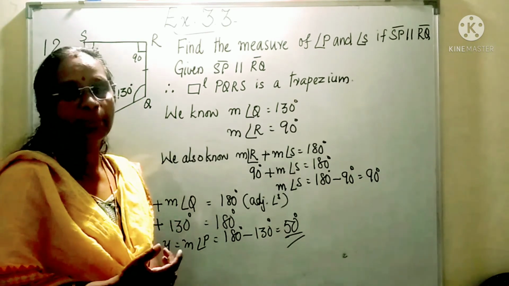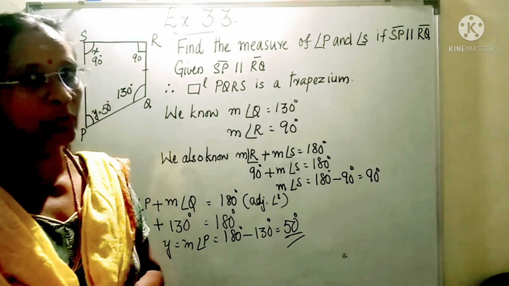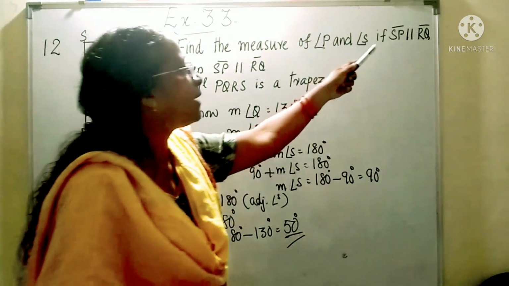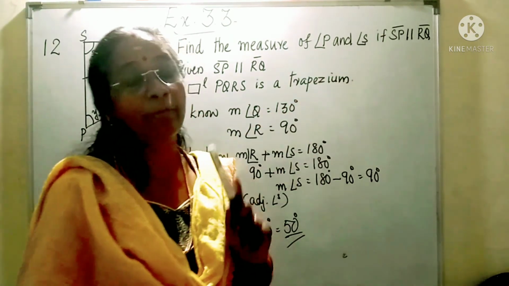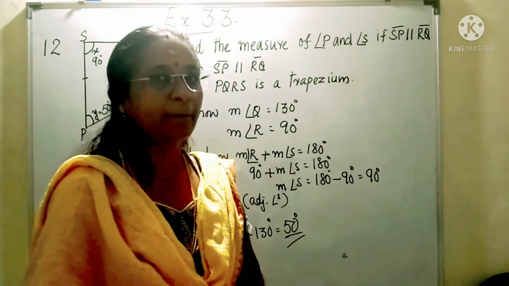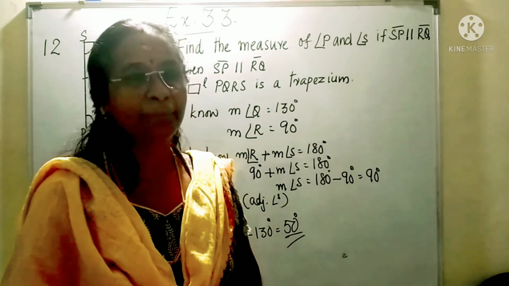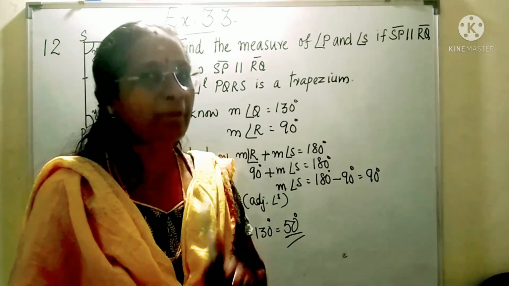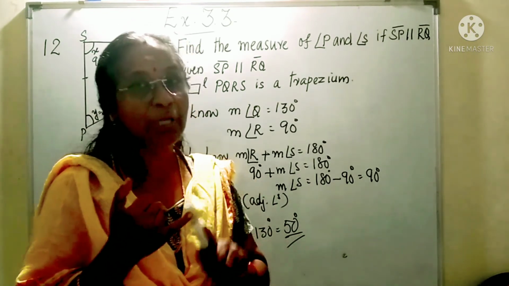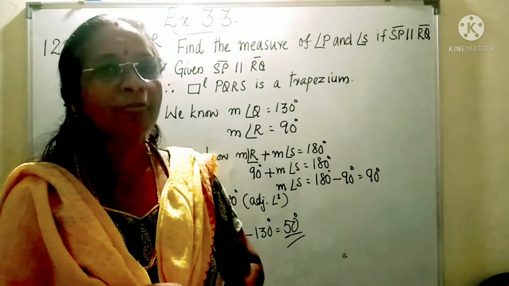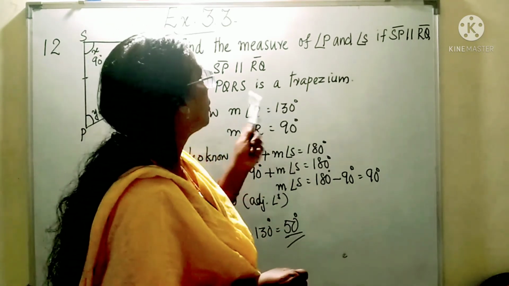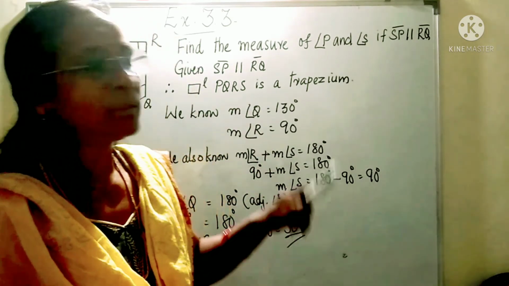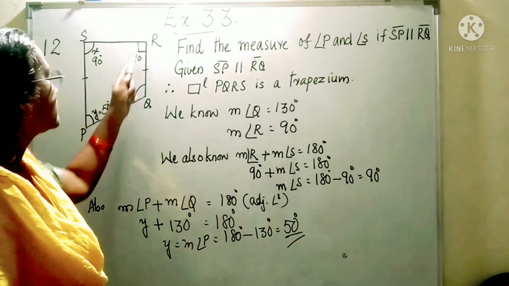What principles and concepts did we use here? It is already given that one pair of opposite sides is parallel. When opposite sides are parallel, the figure is a trapezium. So first we have to identify the figure. Second, what information is given? Two angles are already given.